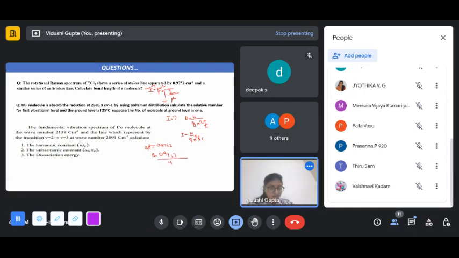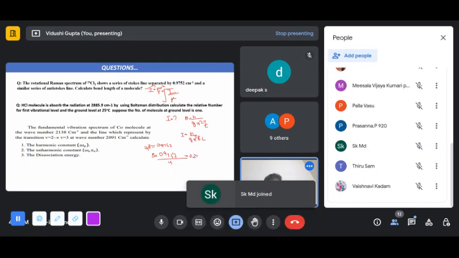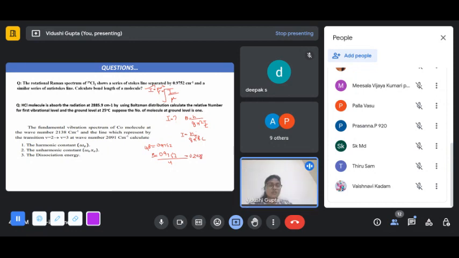After dividing it, it will be near about 0.2438. So now substitute the value of B in this equation to calculate the value of I.